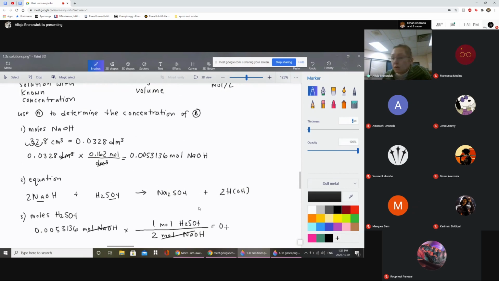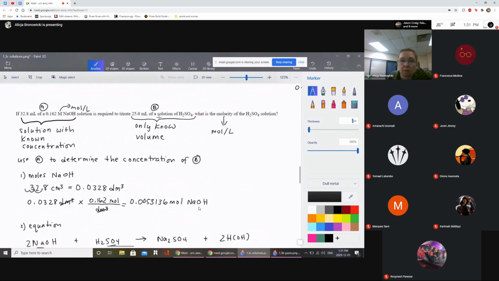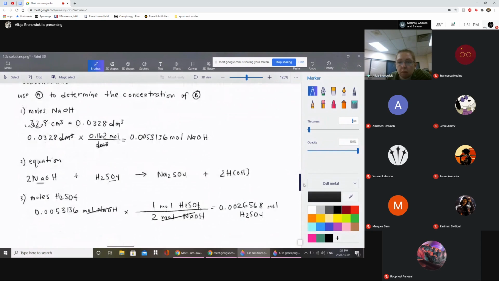And I get 0.0026568 moles of H2SO4. Okay, so for my H2SO4, I have this many moles in this many milliliters. Okay, so I need to translate that.